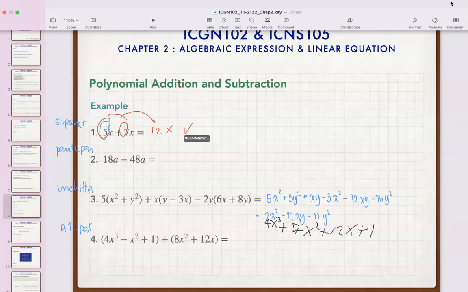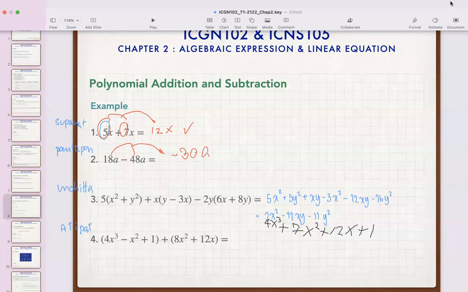This is correct. For the next one, 18a subtracted by 48a, you subtract 18 by 48 and then you get negative 30a as the answer.